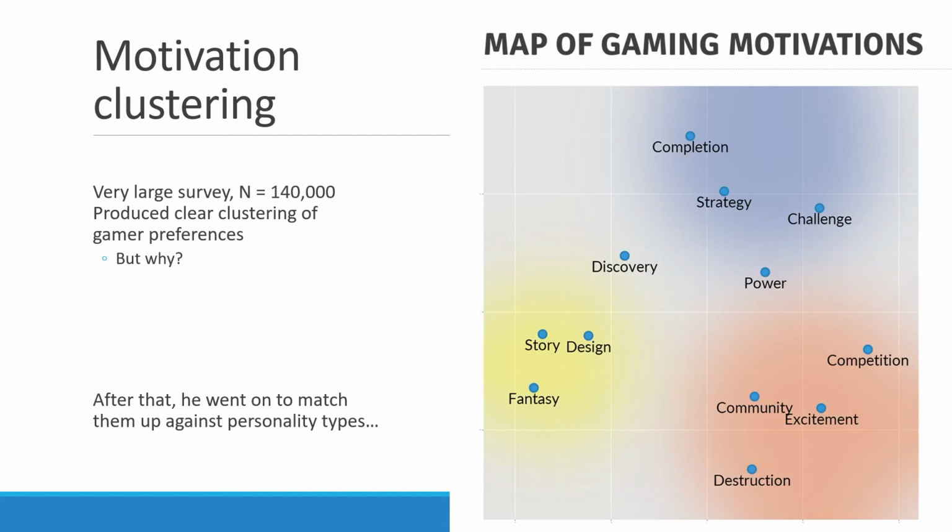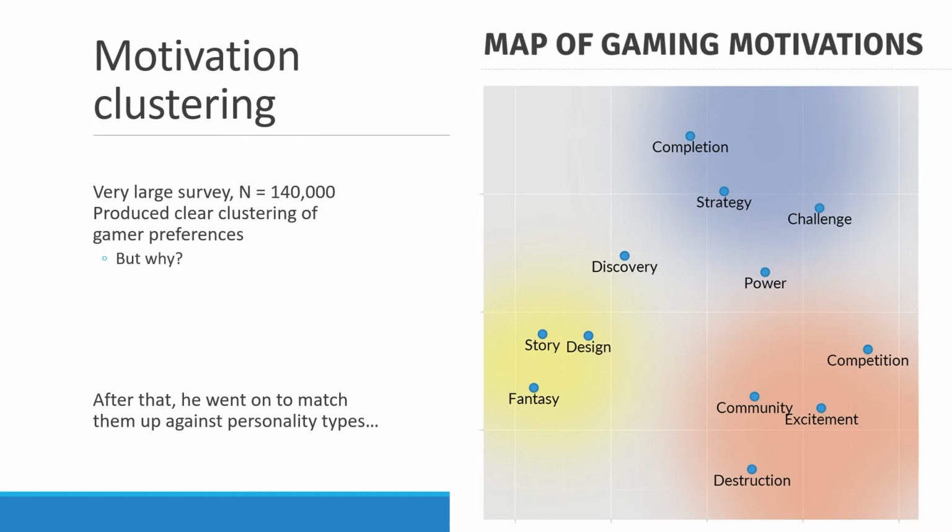In the lower right, there's a cluster of motivations of community and excitement and competition and destruction being much more closely correlated than, let's say, excitement and completion. And then in the lower left, we can see what we call a story fantasy cluster, which suggests that players who are motivated by story tend to be also motivated by design elements, by fantasy, somewhat by discovery, maybe somewhat by further out things like strategy and power.